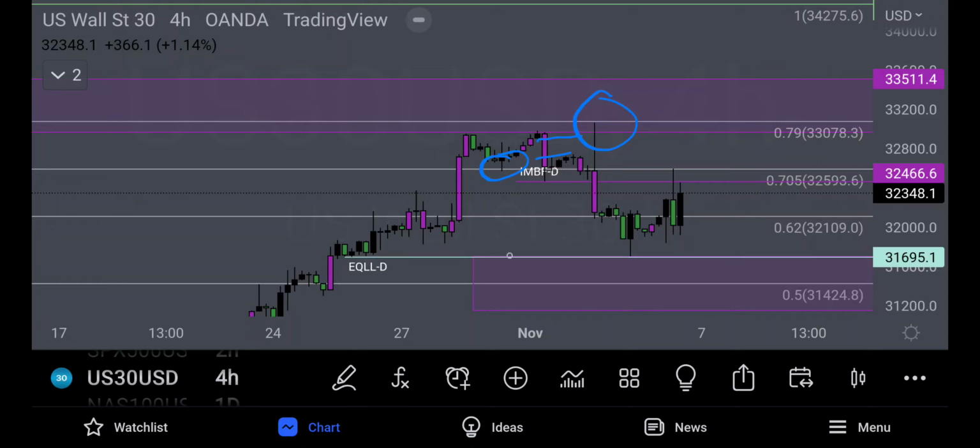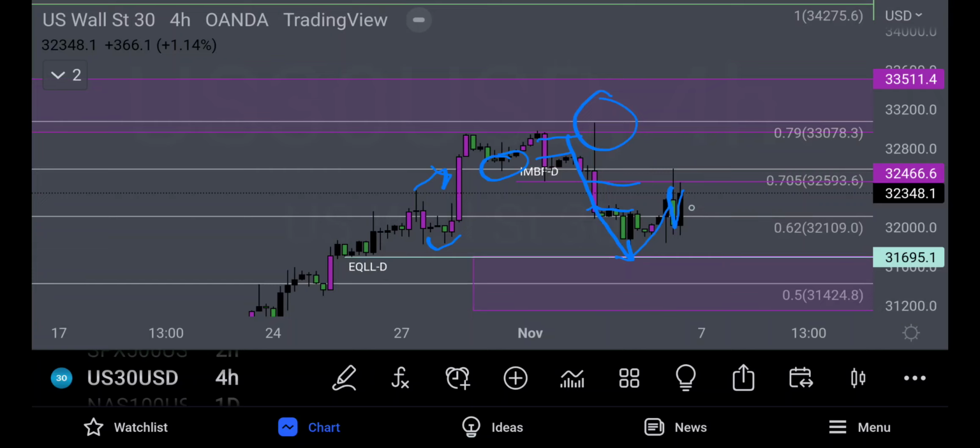We did have a break of structure. So watch this. We had a liquidity run. We had a break of structure with displacement. A fair value gap was created. Price traded up, we had a reaction, and it pushed up a little bit more.